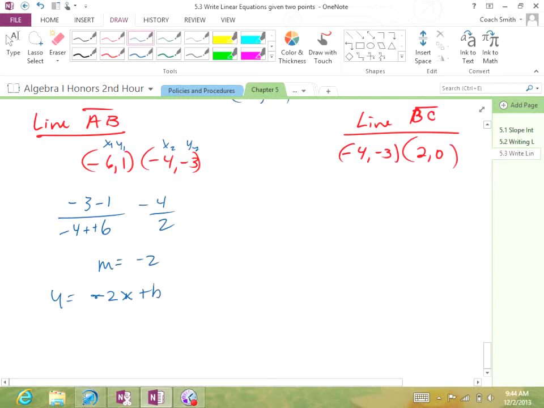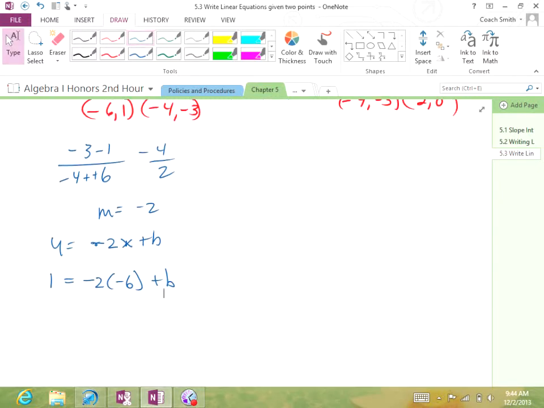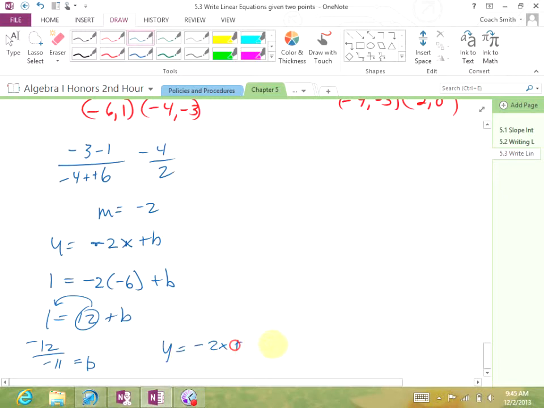Now take one of the points and plug it in. 1 is equal to negative 2 times negative 6 plus b, so 1 is equal to 12 plus b. Take the 12 over here, it becomes negative 12, which means b equals negative 11. So this one is y equals negative 2x plus negative 11.